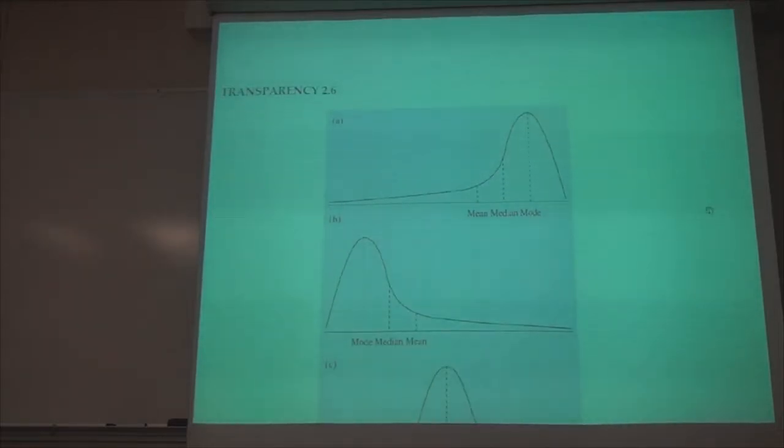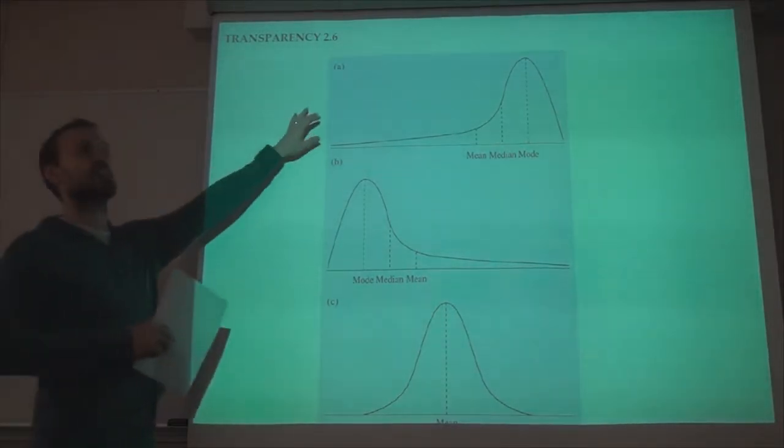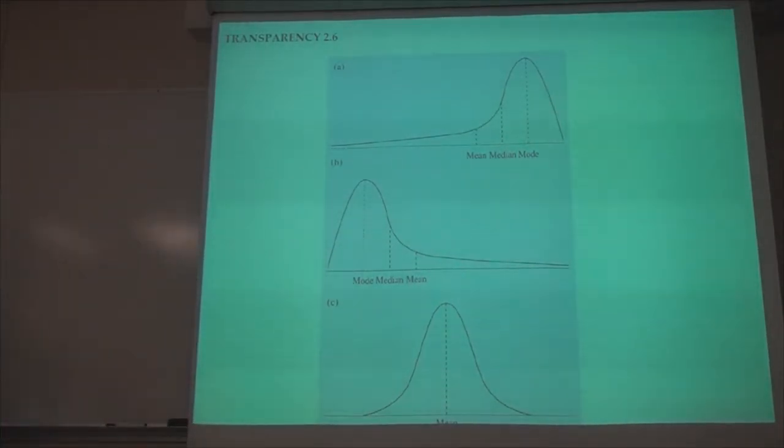If I go to 2.6, the skewness of the distribution is linked to how the mean, median, and mode sit in relation to each other. If I look at the first one, is that a positive or a negative skew? Negative? However you want to remember it.